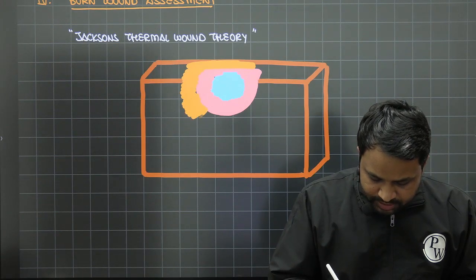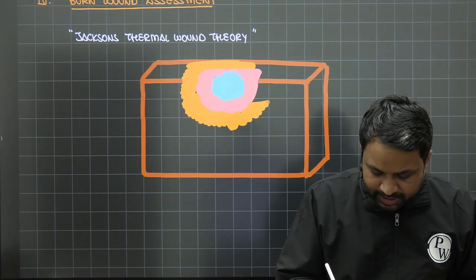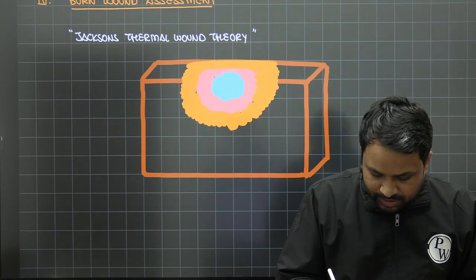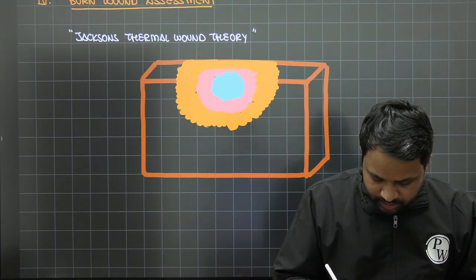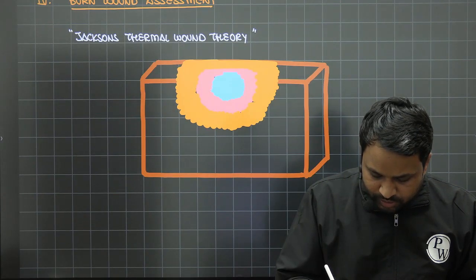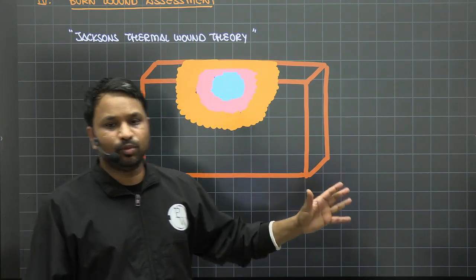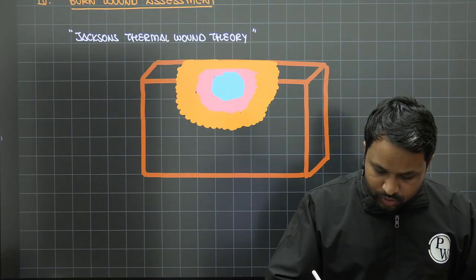So these are the three distinctive zones that are created in a burn. The central one is the one which is going to have the maximum impact. So this is where the wound of the burn is created, and this is how it looks, right? That is what your Jackson's thermal wound theory basically tells you. So what are these distinctive zones which are formed?